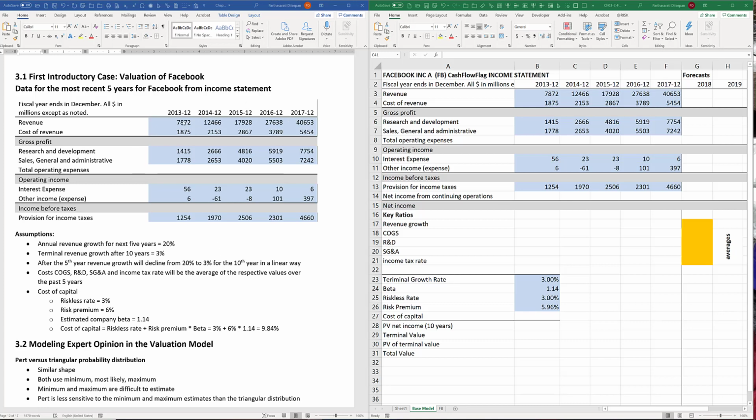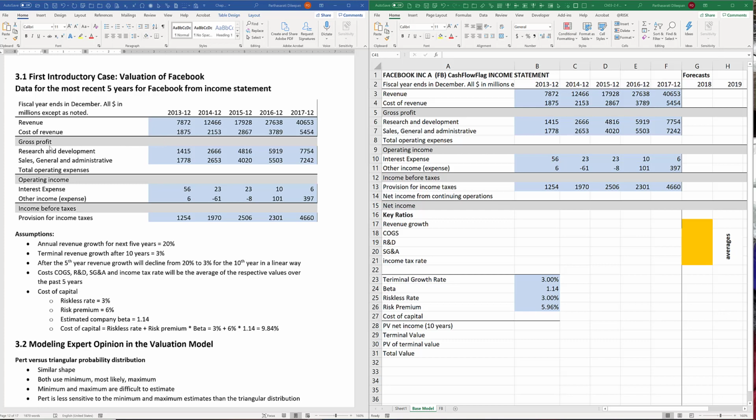So we have 5 years worth of financial data from financial statements, and here are the broad values. Revenue, cost of revenue, like cost of goods sold, and that gives us the gross profit.